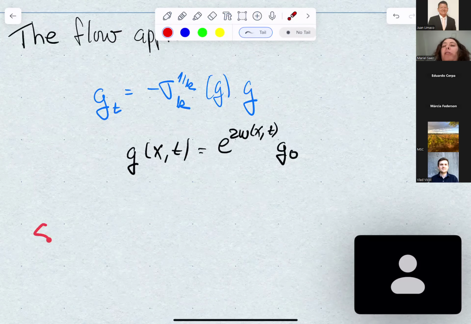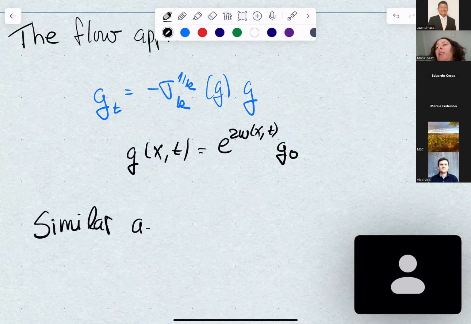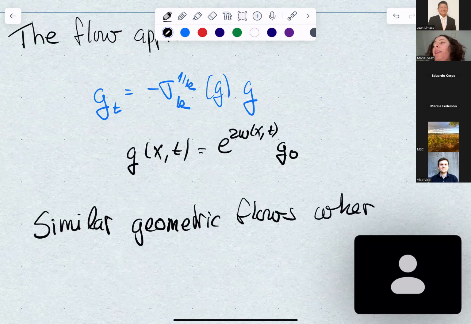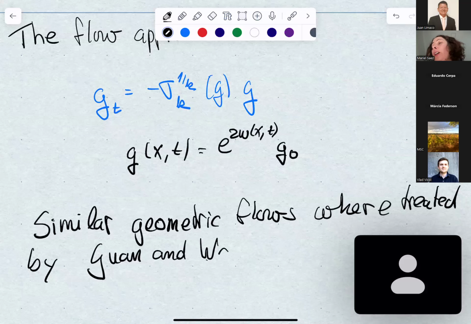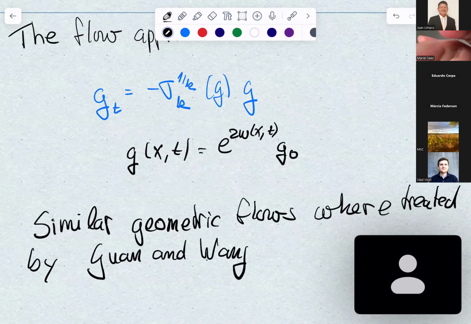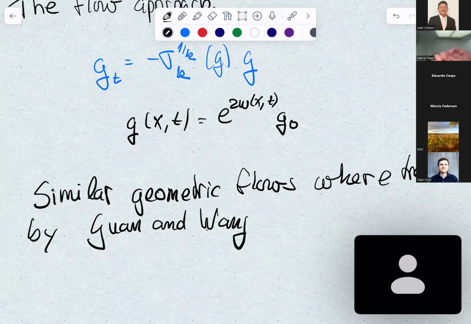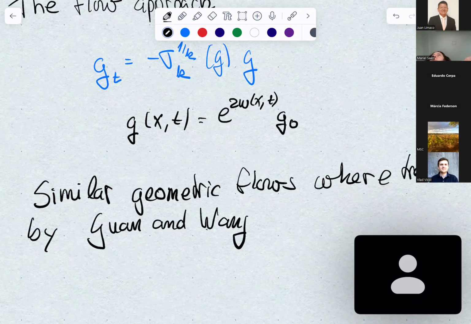Similar geometric flows were treated in the locally conformally flat case when n was not equal to 2k, so actually not in the conformal dimension, and they were looking again at things that were closed, so compact and with no boundary.